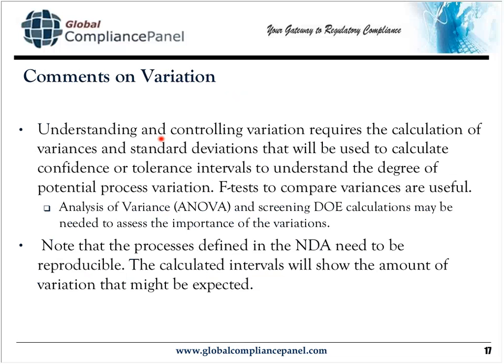Now, I have here a section on comments that anytime you see comments, these are my comments. They're not FDA's comments. The understanding and controlling variation, you need to be able to calculate variances and standard deviations.